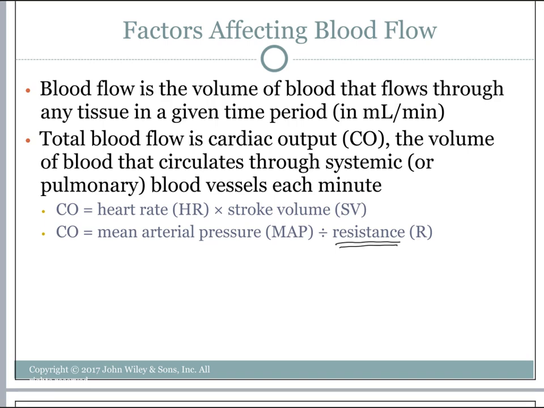Now that resistance could be from increasing the length of blood vessels, or from increasing the amount of atherosclerotic plaque in those arteries, which is decreasing the size of the lumen. How do these happen, right? Poor diet choices, high levels of our bad cholesterol. As far as increasing blood vessel length, obesity is a major factor.